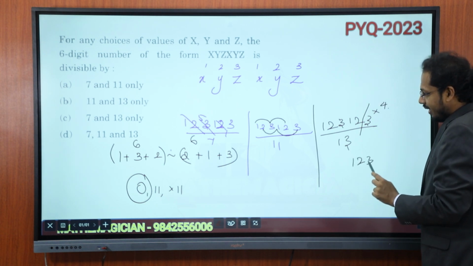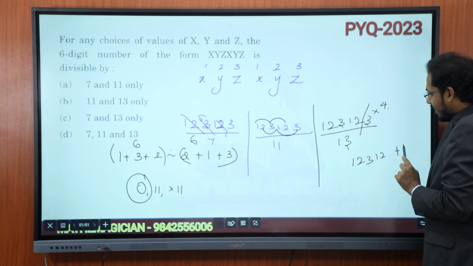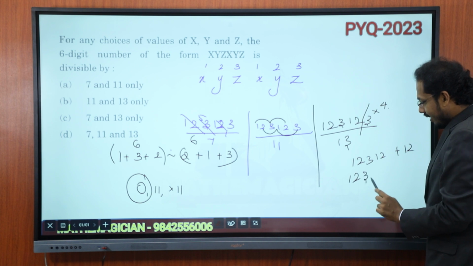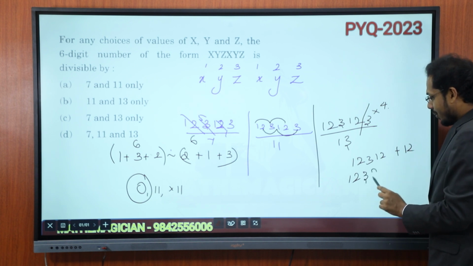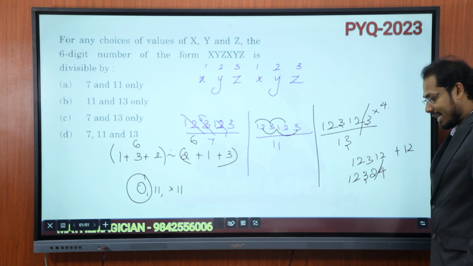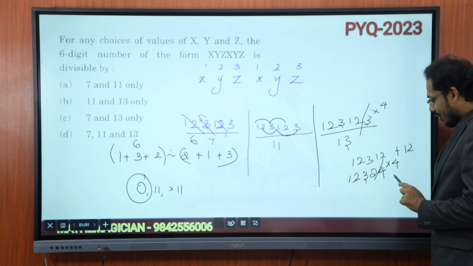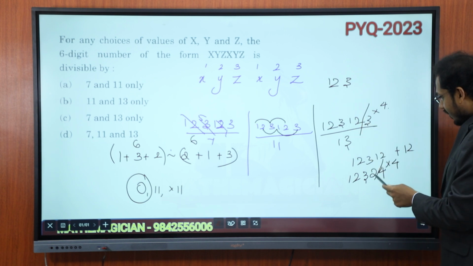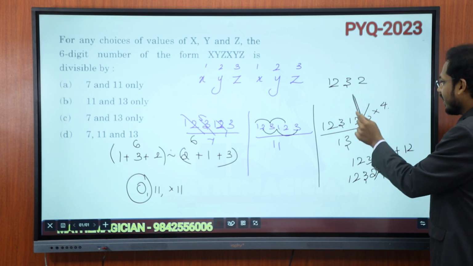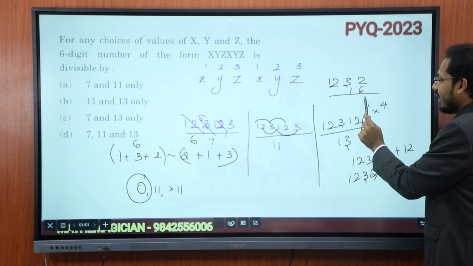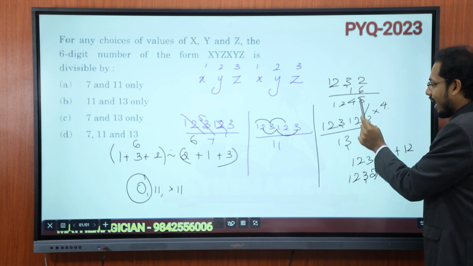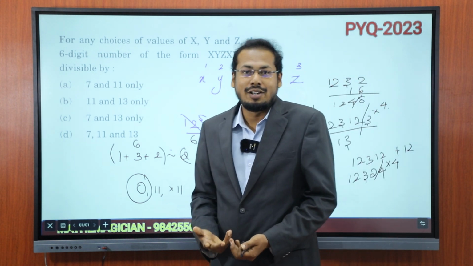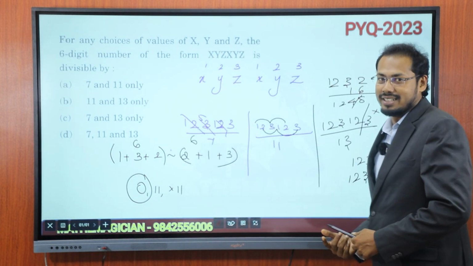So 12312 plus 12 gives 12324. Again split the last digit, multiply by 4: 4 into 4 is 16. So 1232 plus 16 gives 1248. Again split the last digit, multiply by 4, and do the same. At last, if you find a multiple of 13, you get the answer.